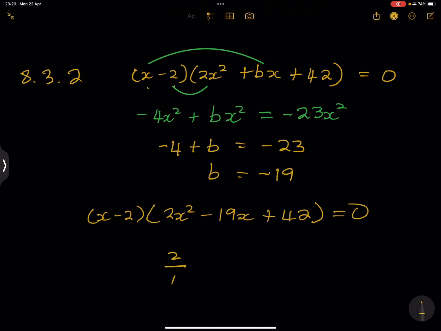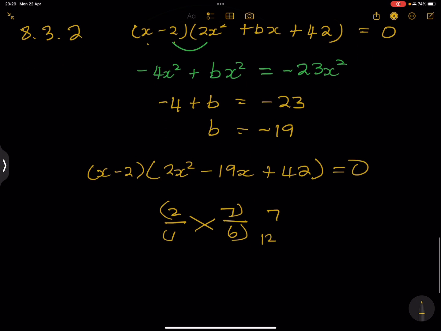So I am going to take 7, and so that's 21. 7 times 3 is 21, so that would be 7 times 6, right? So let's check. 2 times 6 gives me 12. 7 times 1 gives me 7. And so that means that's my first bracket and that's my second bracket.